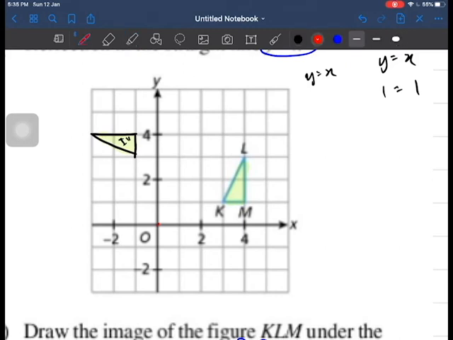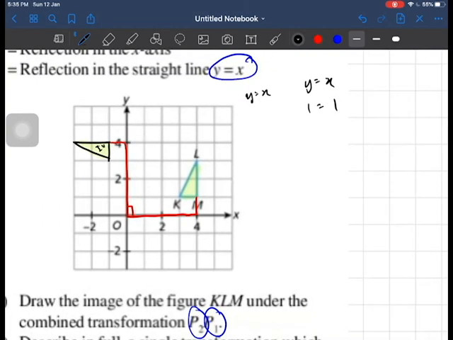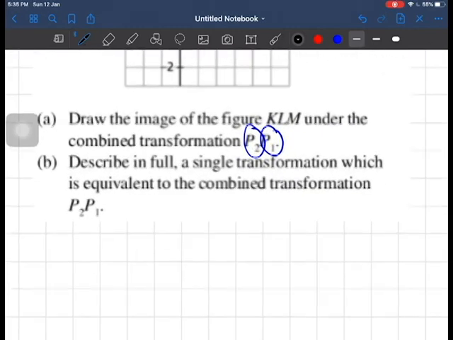One way we can see it is that it's actually a rotation anti-clockwise 90 degrees. So how do we describe it?